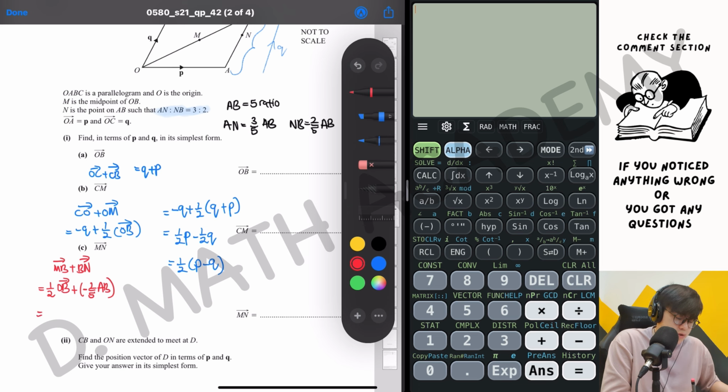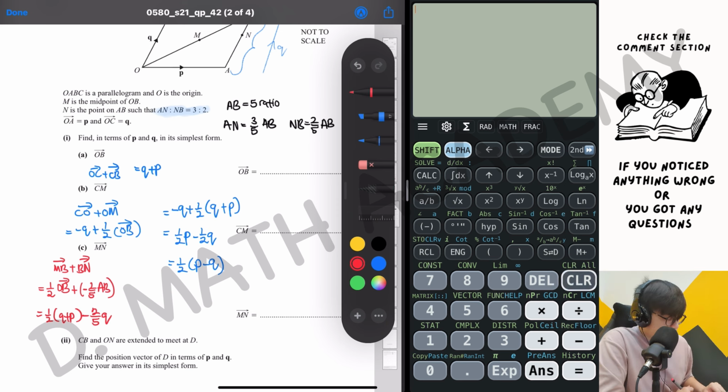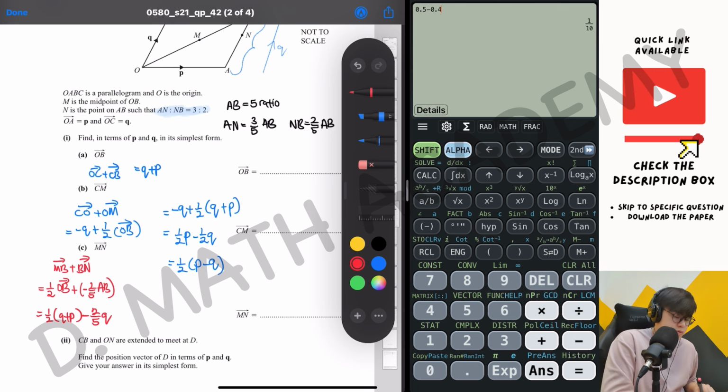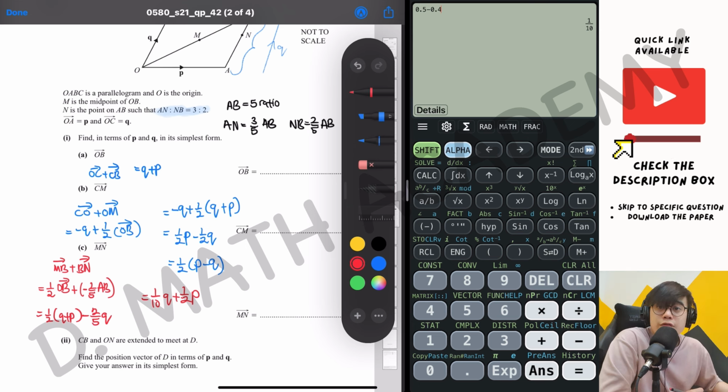So 1 over 2 of Q plus P, minus 2 over 5Q. So 1 over 2 is actually 0.5 minus 0.4. So you get 1 over 10Q plus 1 over 2P. That will be your final answer.